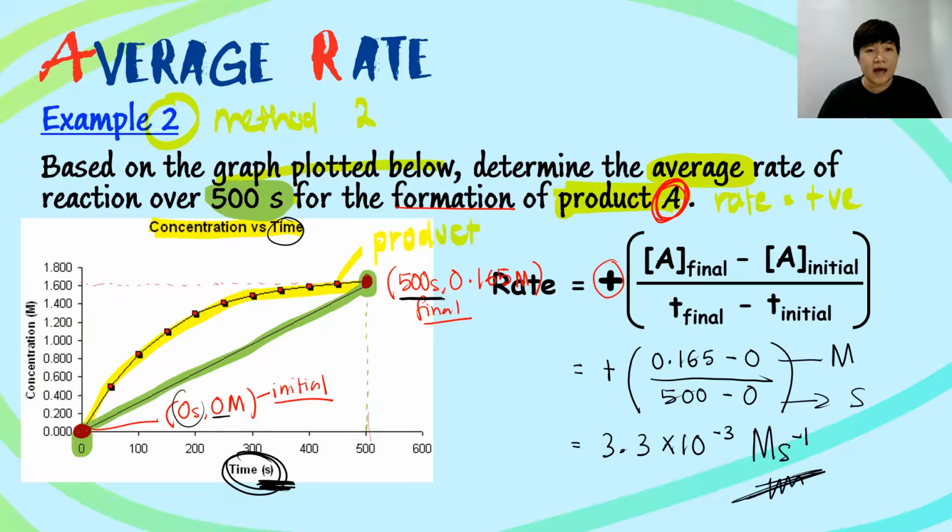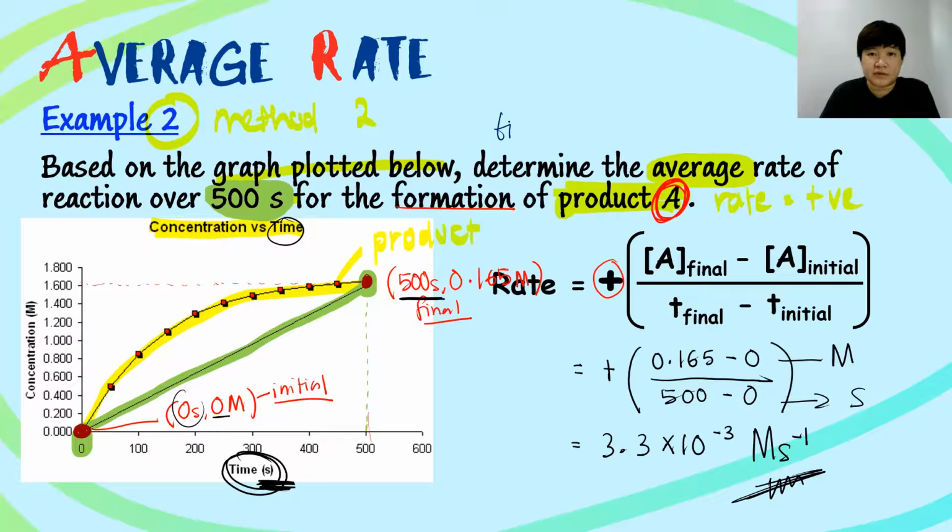Every single time, the unit of the rate will depend on the unit of the time, because the concentration will forever be in molar. So to determine the unit of rate, you need to identify the unit of time. For this question, my line starts from 0 to 500 because I want to calculate over 500 seconds.